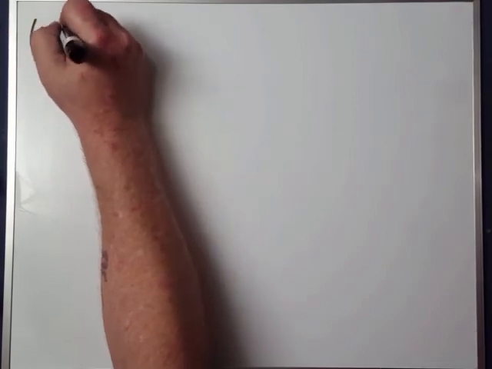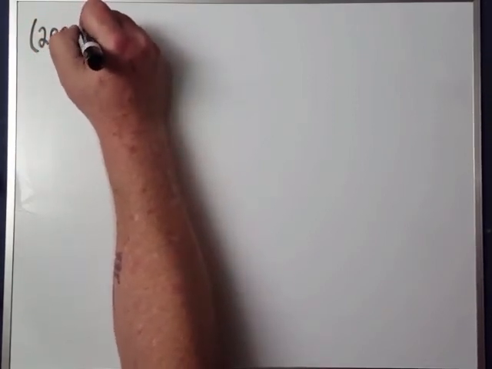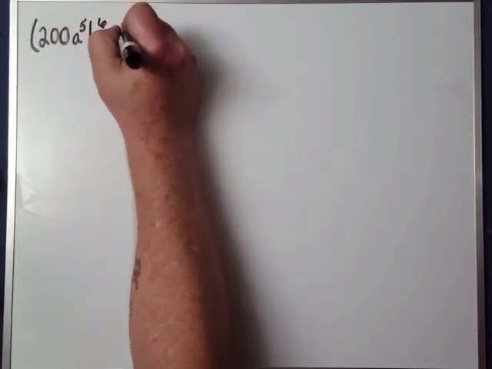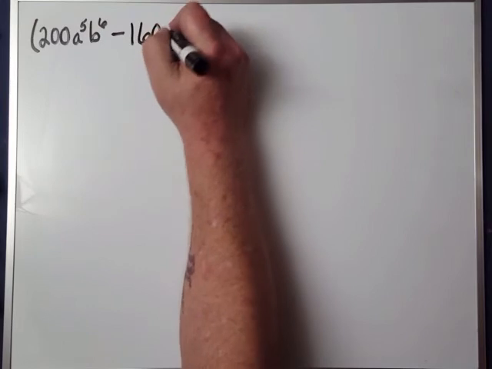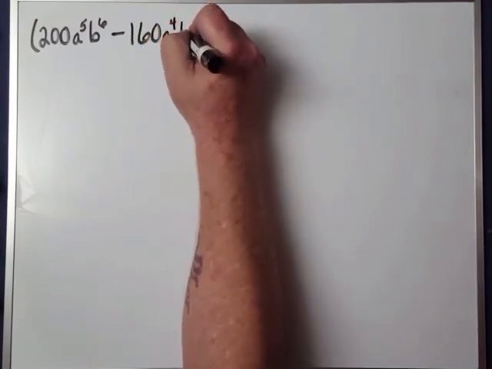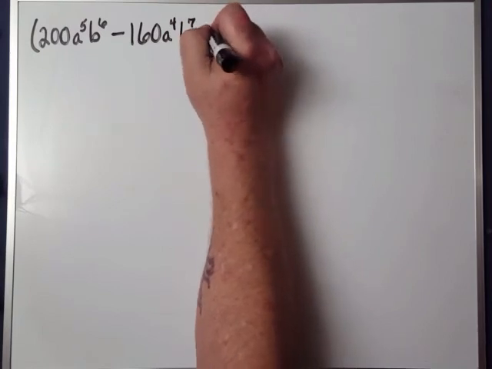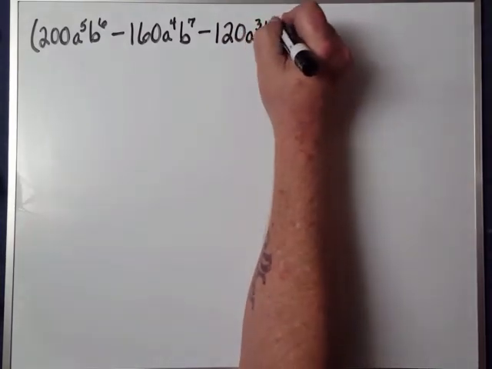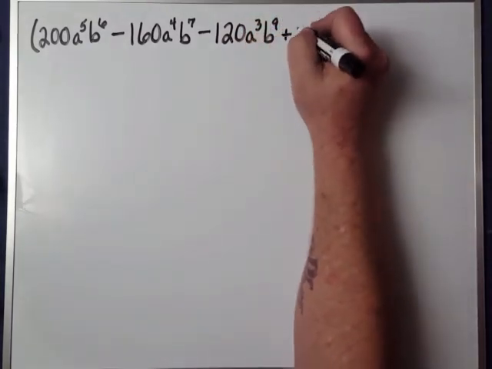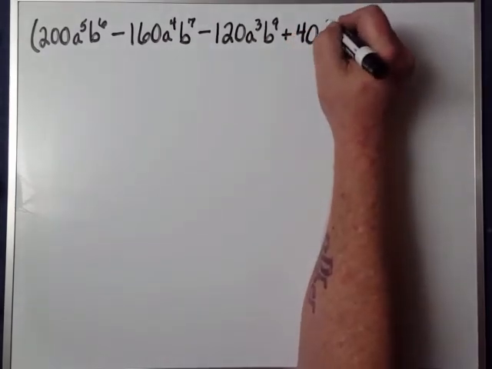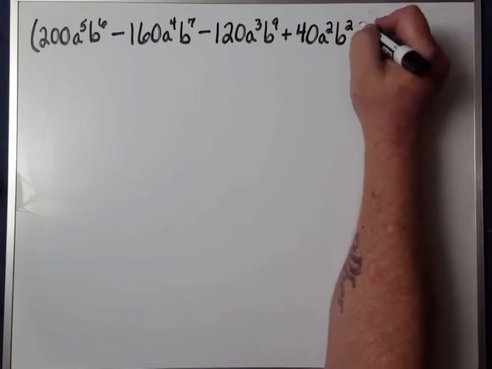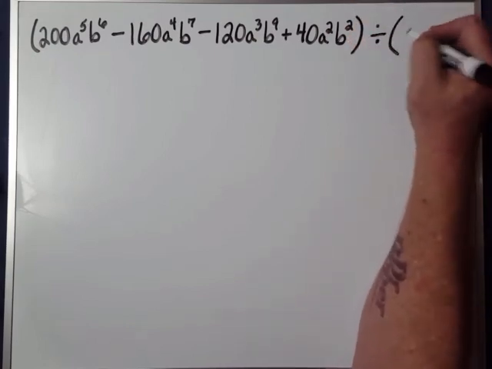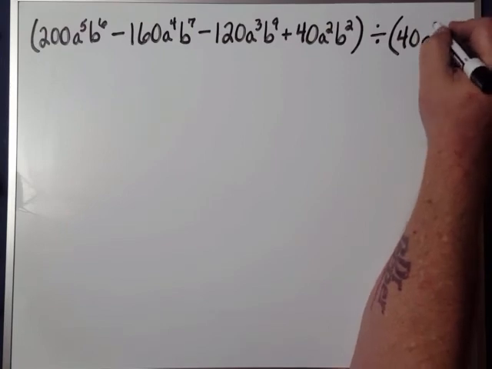Let me write a little smaller because I don't think I have enough room to copy it at the size I was doing. 200 a to the 5th b to the 6th minus 160 a to the 4th b to the 7th minus 120 a cubed b to the 9th plus 40 a squared b squared, all divided by 40 a squared b.